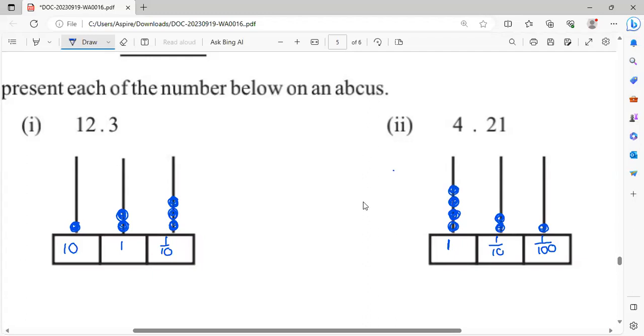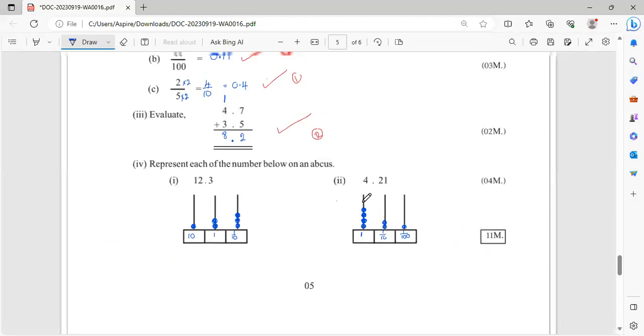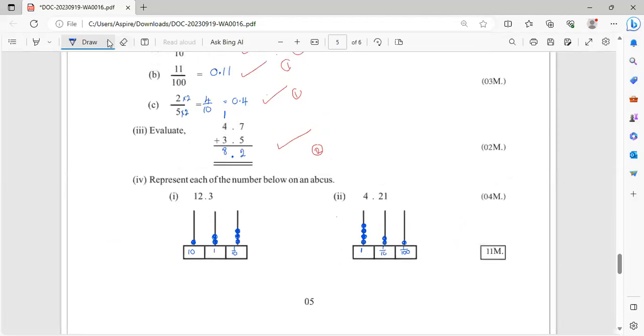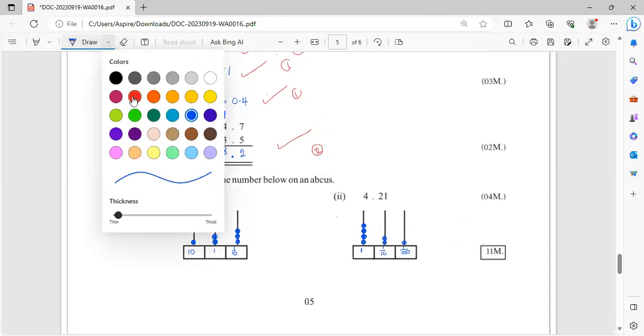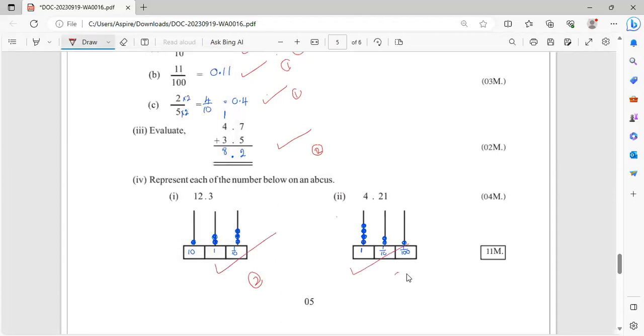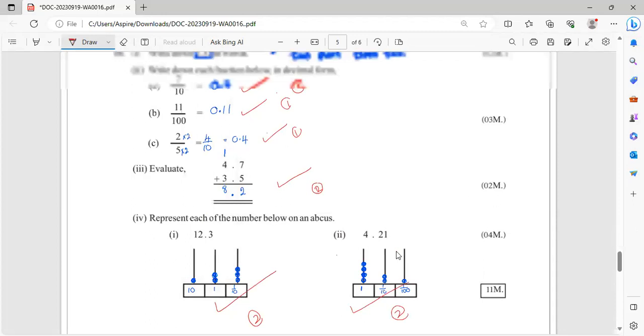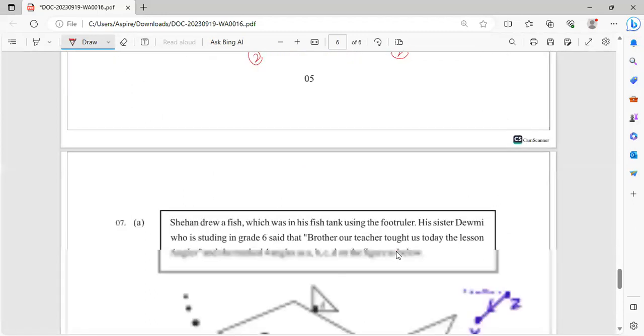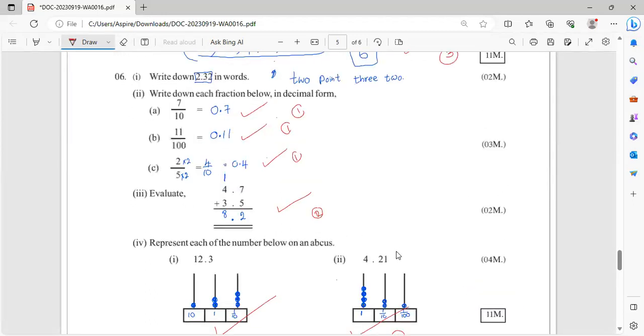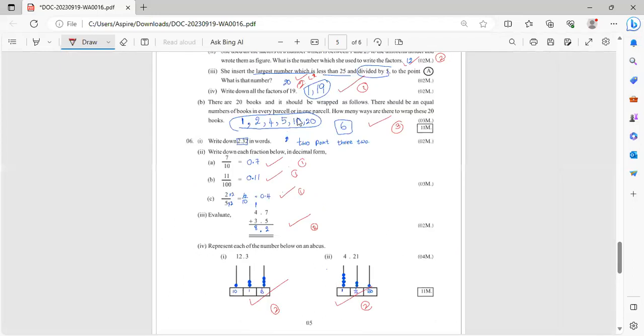Okay. Then look at the marks given. For each of the abaci, you are given 2 marks. Okay, Putte, check with your marks. ගොල්ලන්ගේ ලකුණුත් එක්ක check කරන්න බලන්න කොහොමද කියලා. For writing this correctly, 2 marks are given.